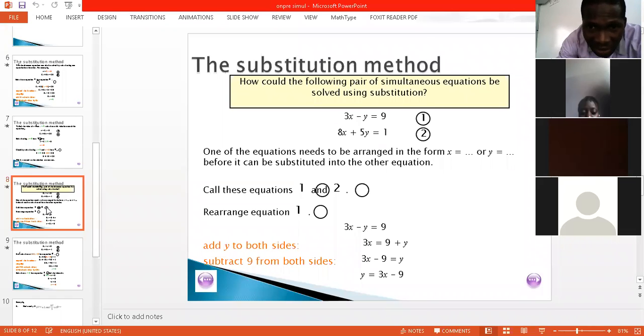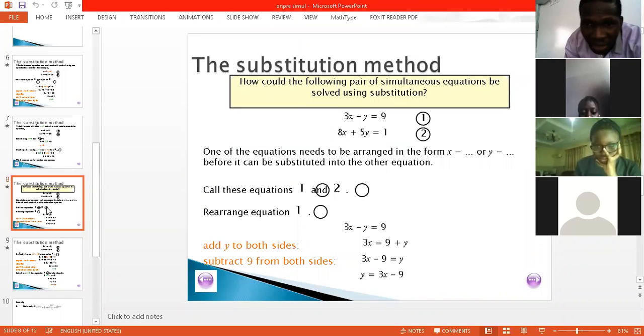Take for instance equation 1: you have 3x minus y equals 9. So when you make y the subject of the formula, you will now have y equals 3x minus 9. You can see how it flows from 3x minus y equals 9.